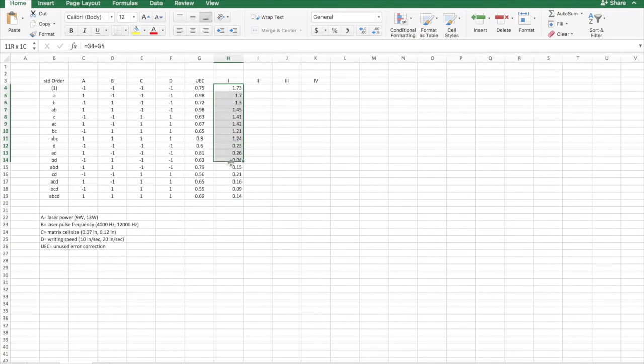Now we select the whole column and drag to the right.